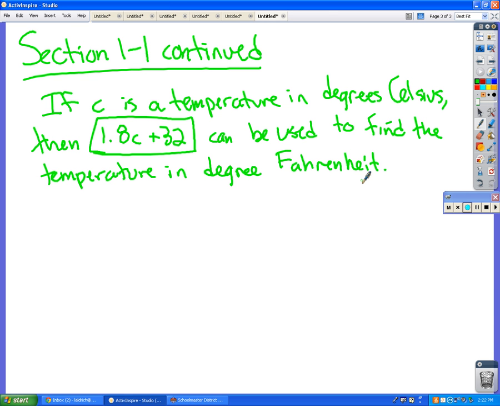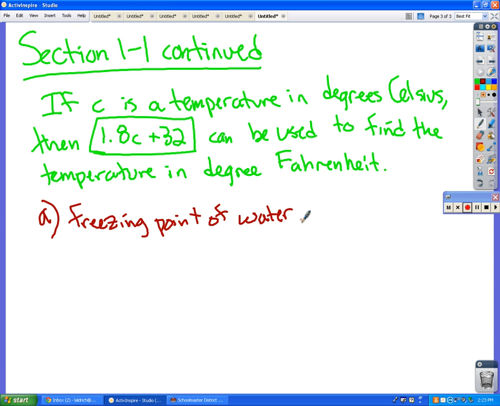Okay? All right, so now what we're going to do is use this formula to change some things into Fahrenheit. And this first one you might know the answer to already. The first one they want us to do is take the freezing point of water.